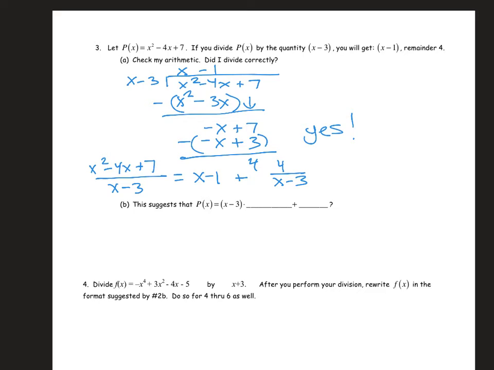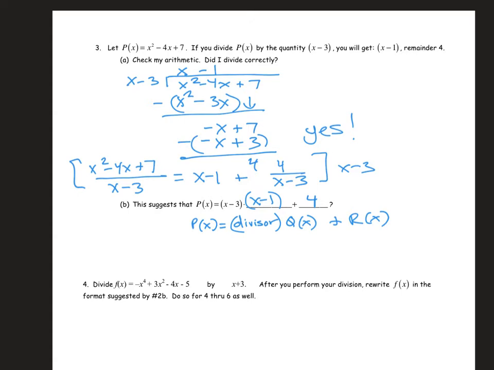Now, if I multiply both sides by x minus 3, I get a new way to write my polynomial: x squared minus 4x plus 7 equals x minus 3 times x minus 1 plus the remainder. In other words, my polynomial equals my divisor times my quotient plus my remainder.